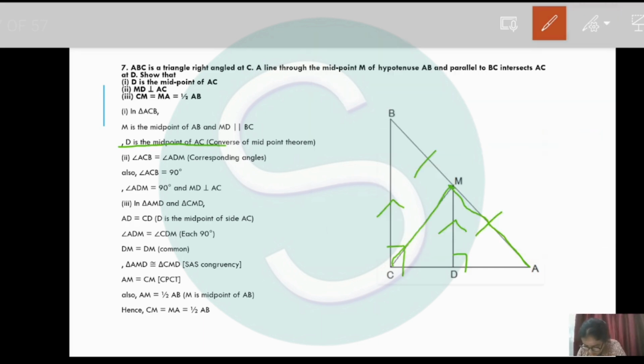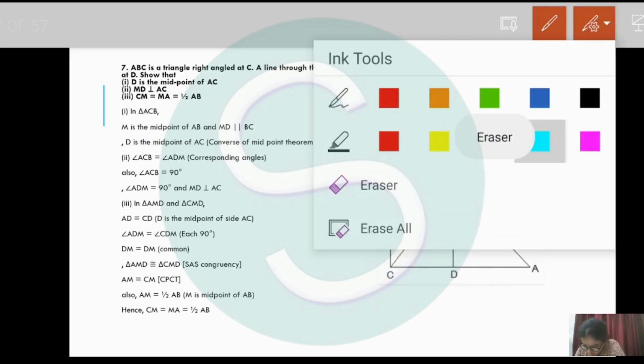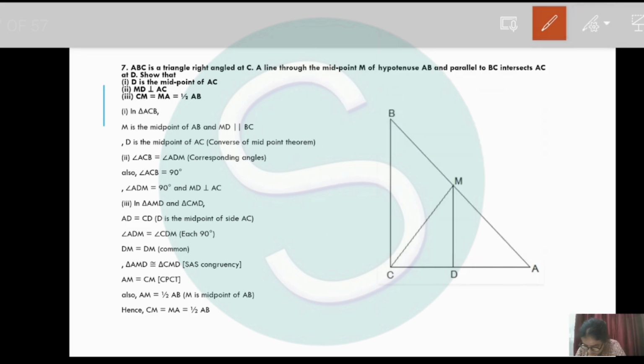So what we will do is prove that triangle AMD is congruent to triangle CMD. So how will we do it? In these triangles, the first thing visible to us is that MD is a common side.